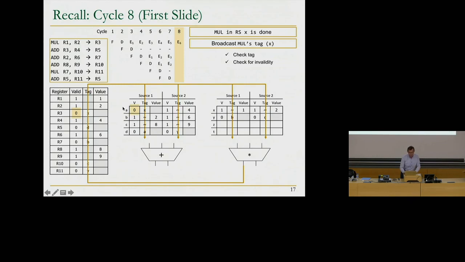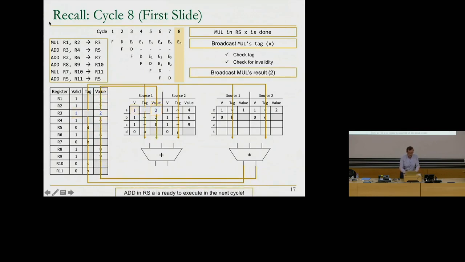And they both capture the value because the value is not valid yet. And they store 2. That makes sense, right? The first instruction multiplied 1 by 2, it produced the value 2 in R3, and R3 captured it. And the instruction that's waiting for that value also captured that. Now this instruction can execute because both of the sources became valid.